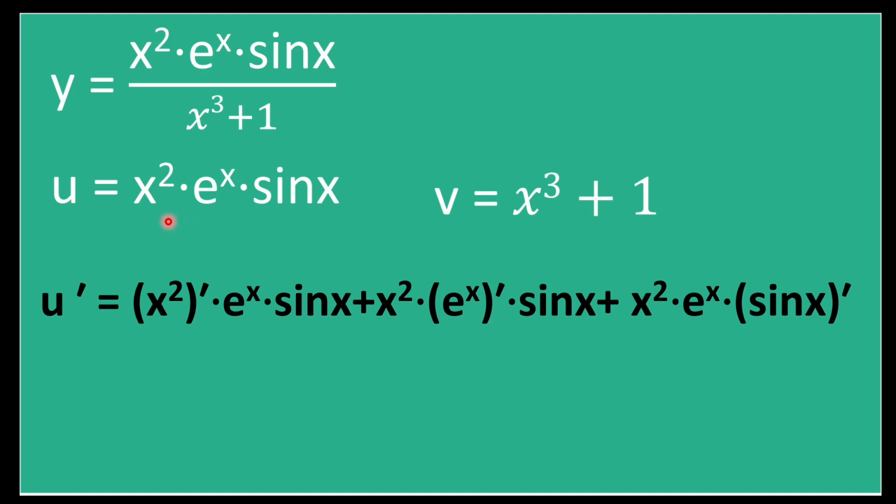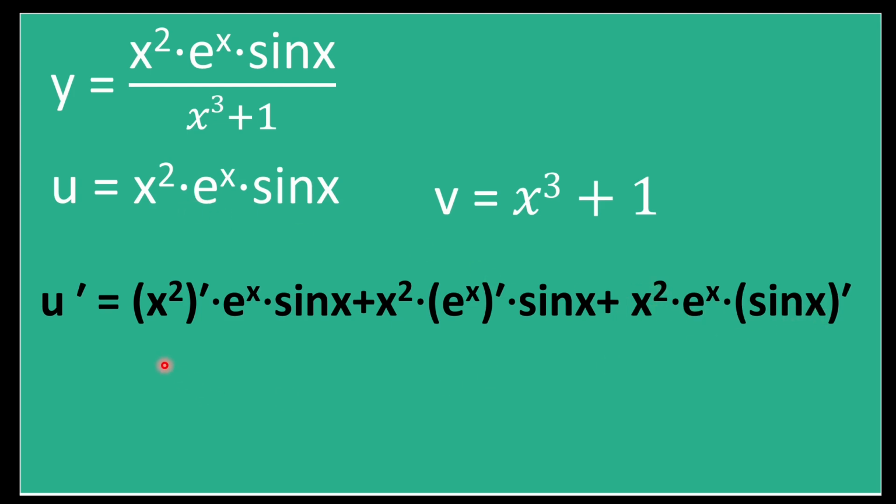According to the product rule, first we will differentiate the first term, and the second and third terms will remain as they are. Then the differentiation of the second term, and the first and third terms will remain as they are, like x squared and sin x. And finally, the differentiation of the third term, and these two terms will remain as they are.